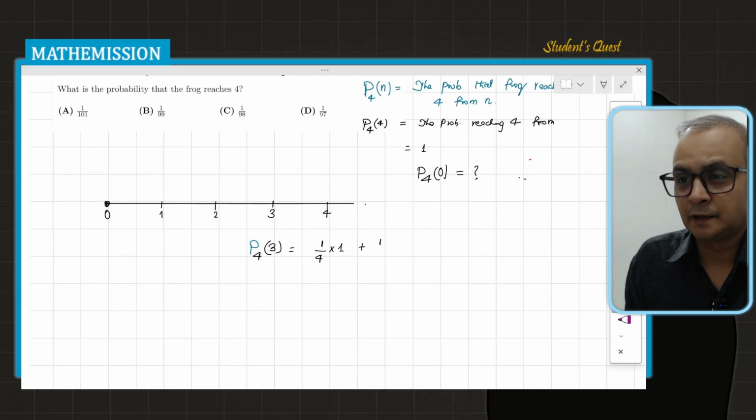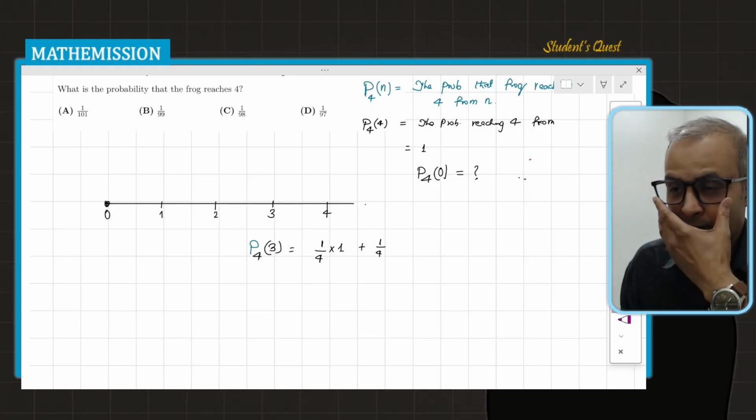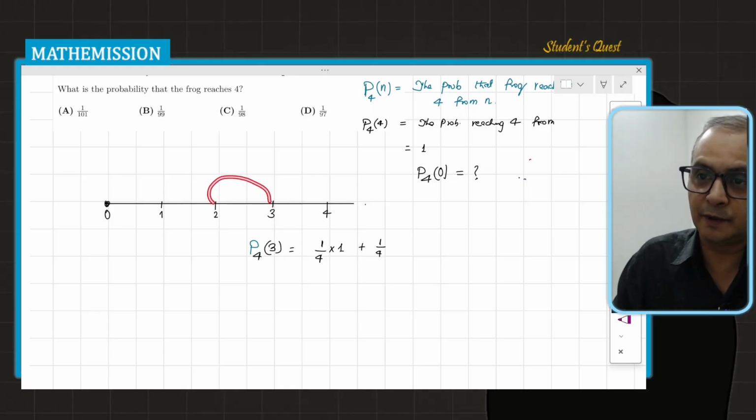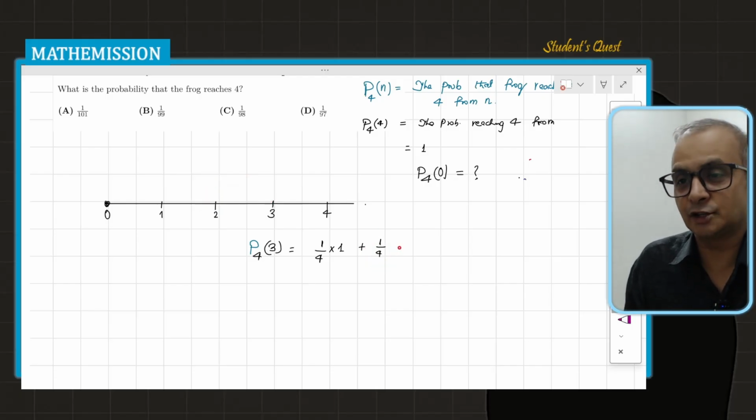Now it can go backward, and the probability of getting back to 2 from 3 is going to be 1 by 4. But from there again it has to move in such a way that it reaches 4 from that position.